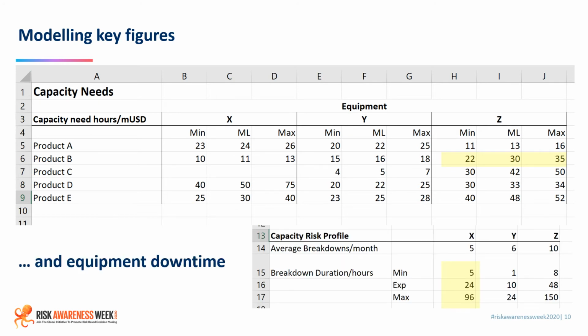And you can also do it on equipment downtime, looking at, okay, let's go back to equipment X. They will have an average of 5 breakdowns in a month. And there will be a duration that is minimum 5 hours, probably 24, could be as high as 96. Now, this way, we can model our way out of the needs and the capacity needs that we will have.